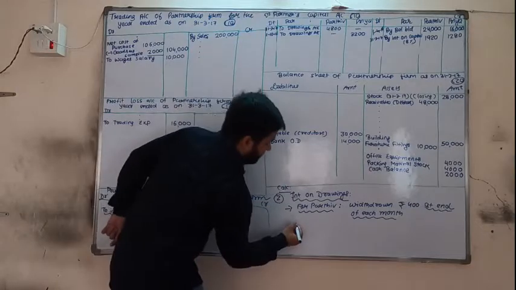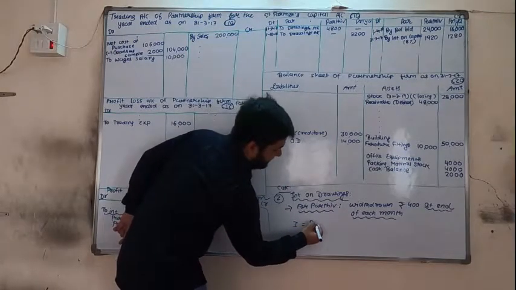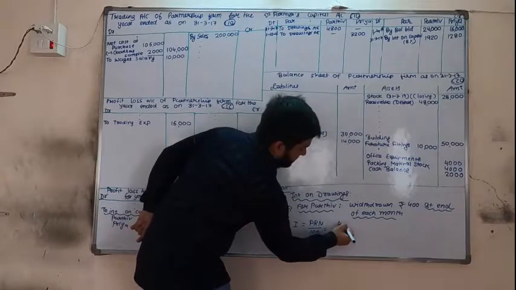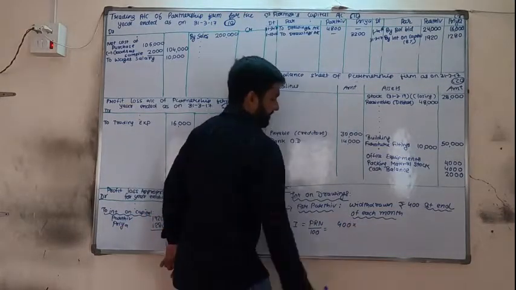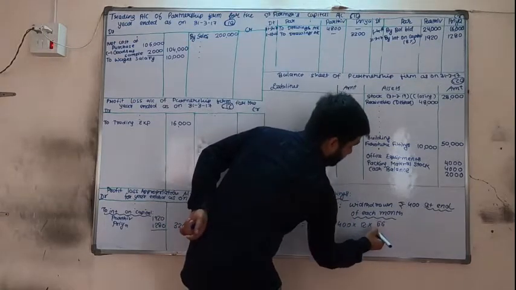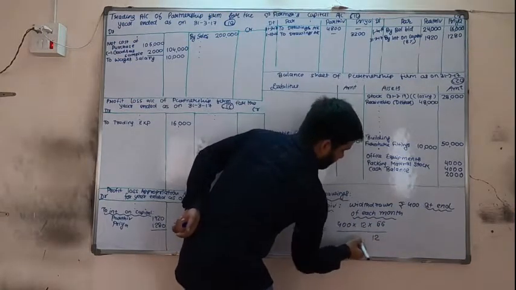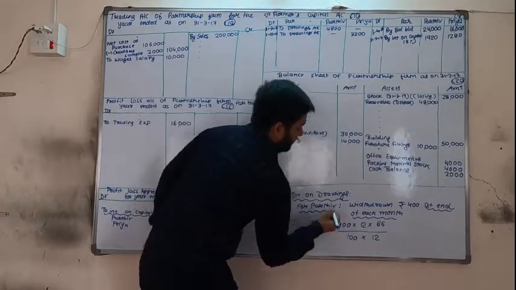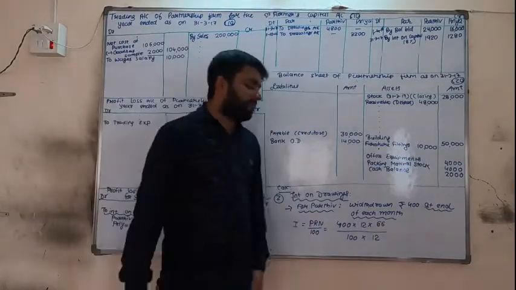So underline at end of each month. Now interest on drawings, I equals PRN upon 100. P is the monthly amount, 400, R is 12%, so 12, and N is 66 by 12, divided by 100. Again, P is always the monthly amount.